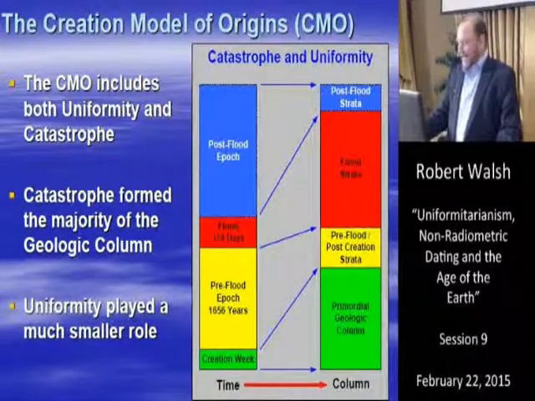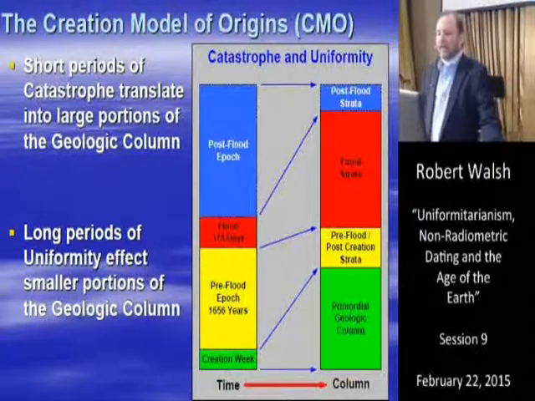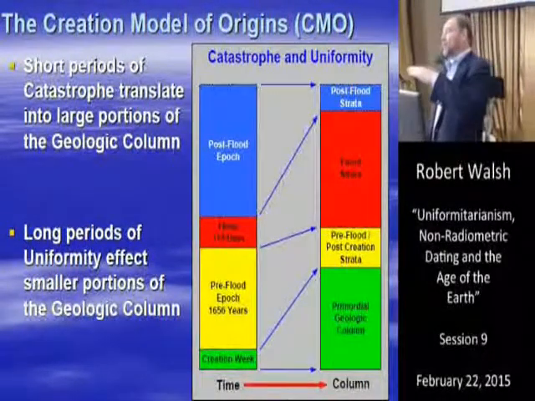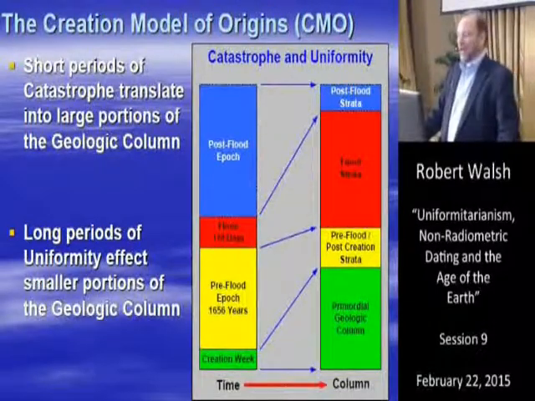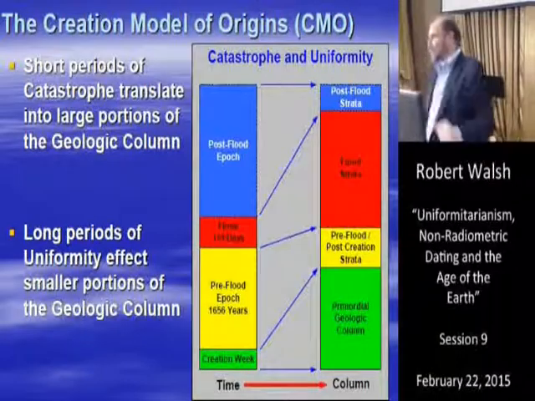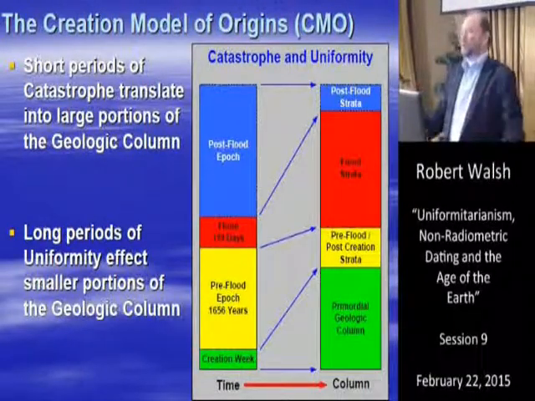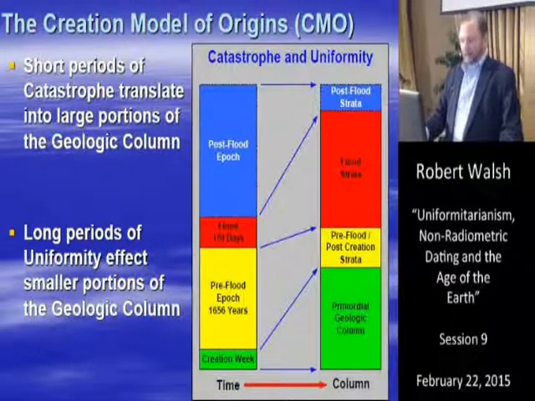Short periods of catastrophe, then, according to the creation model of origins, translates into large portions of the column, and periods of uniformity translate into very small pieces of the column. As I mentioned, today we're living in a period of uniformity right now.